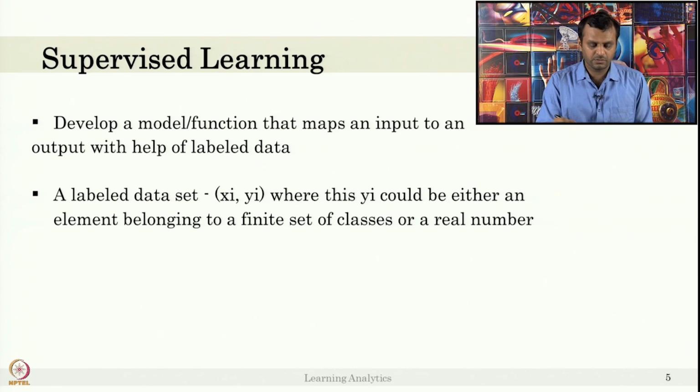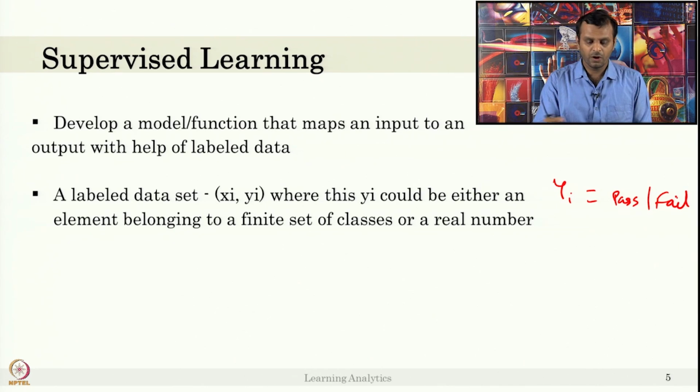So the xi that we saw in the previous slide are the 4 features we collected from the MOOC data interactions. Yi over there is performance or student score. The yi can be pass or fail, or a real number as we saw in the last example.